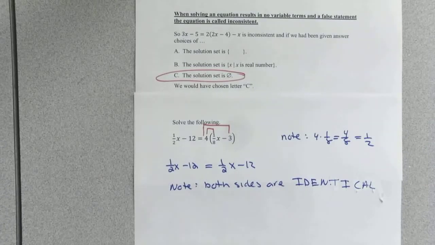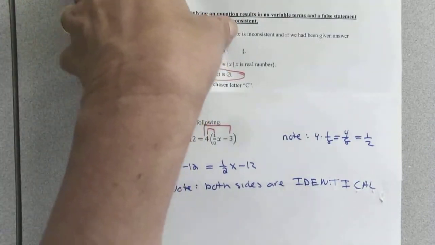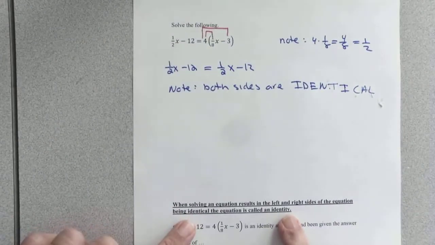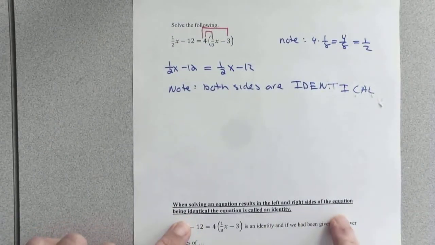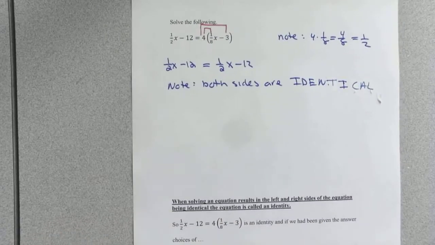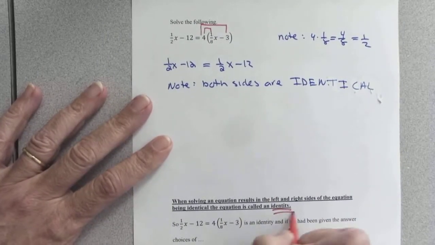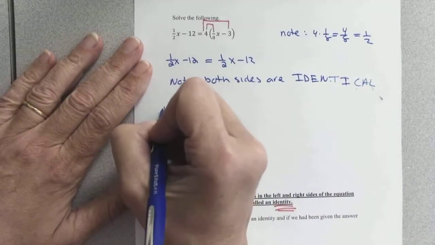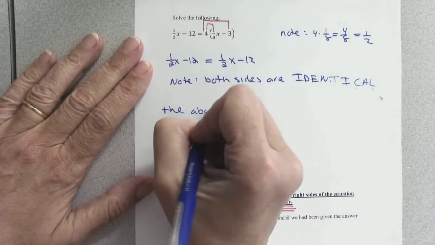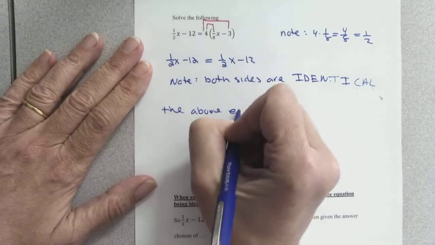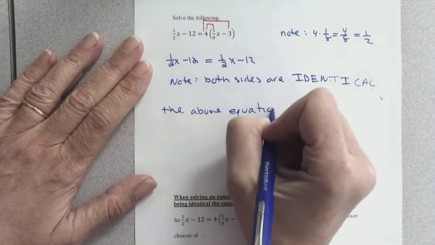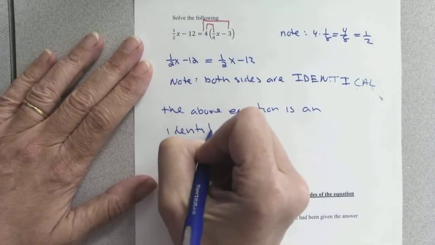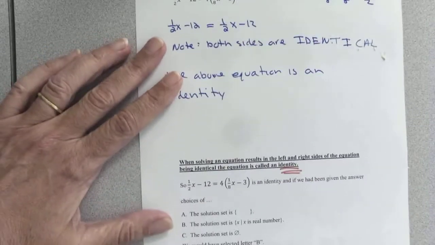Both sides are identical. When that happens, when you're solving an equation and the left and right sides of the equation are identical, it is called an identity. So the above equation is an identity because both sides were identical.